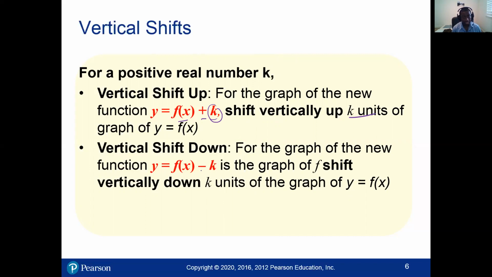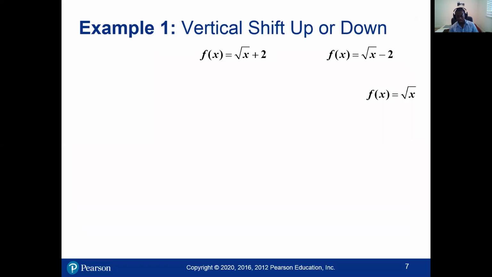If it is negative k, it goes down k units. So depending on the basic function, if it is plus 2, it shifts up 2 units, and if it is minus 1 it goes down 1 unit, or minus 2, down 2 units. All right.